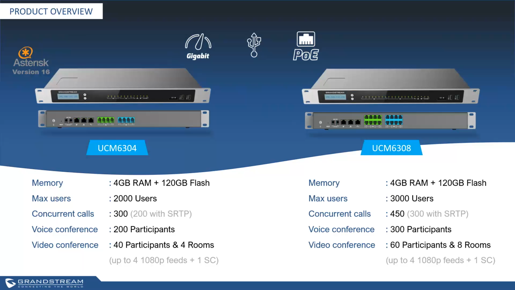And in terms of concurrent calls, the 6304 supports 300 concurrent calls and 450 concurrent calls for the UCM 6308. Also, the number of participants in the voice and video conferencing calls also increases.